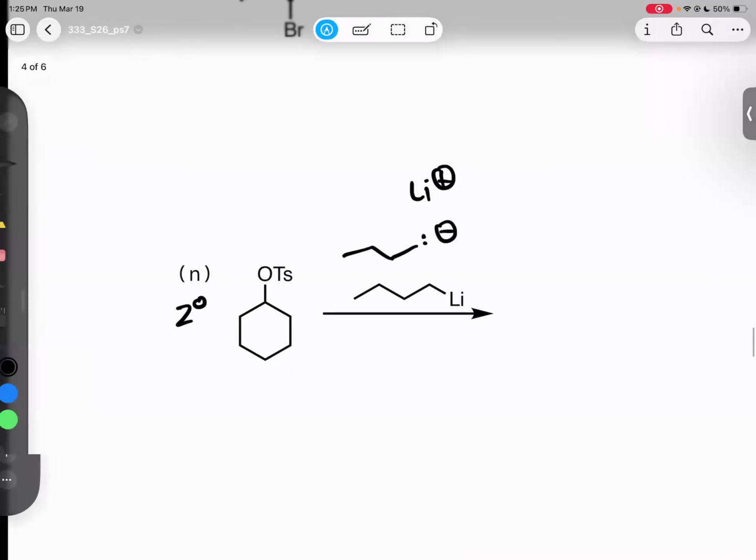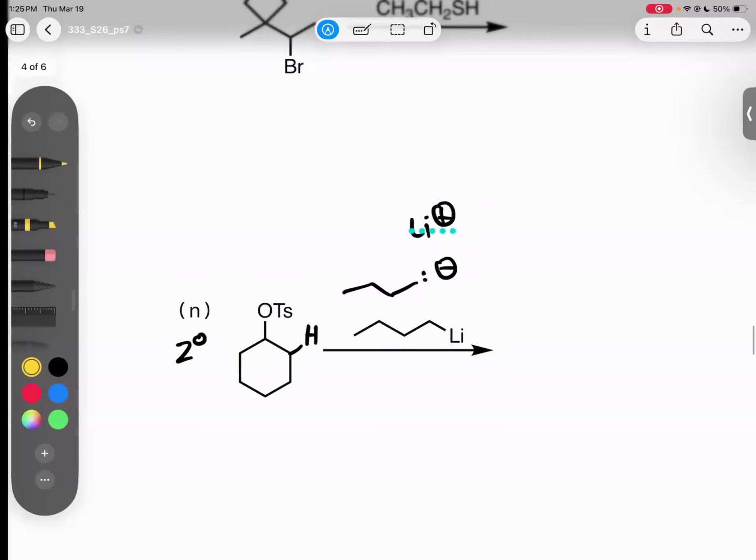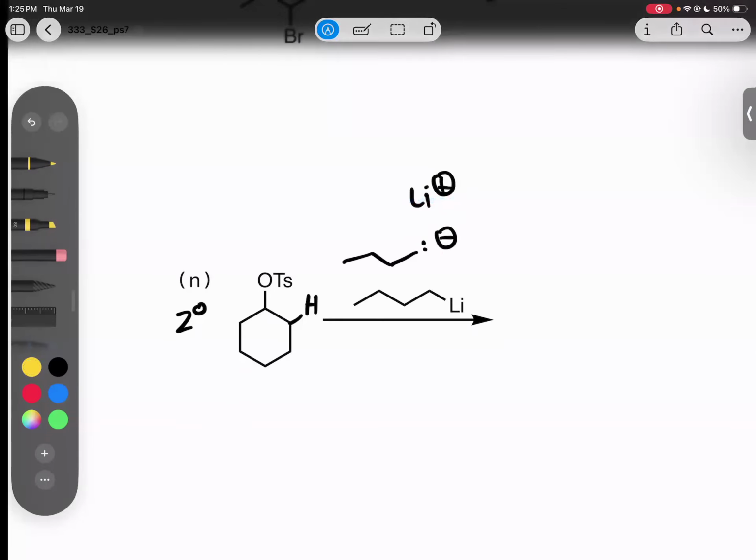Okay, so in this case, because we're doing an E2 reaction, our nucleophile is going to act as a base. Fortunately, our molecule is symmetrical, so it doesn't matter if we choose the hydrogen on the left or the right. Take our base, grab the hydrogen. It's an E2 mechanism, so everything happens in one step.